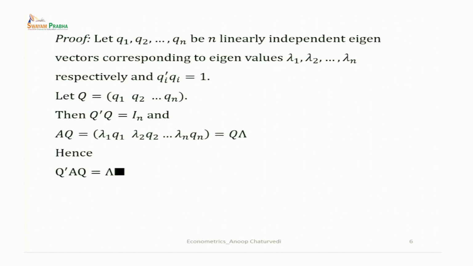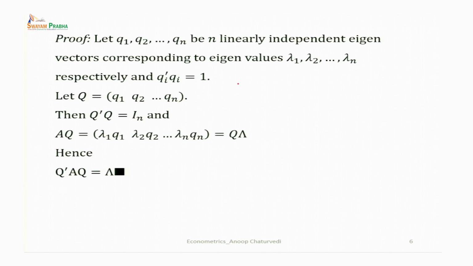To prove this result, suppose q_1, q_2, ..., q_n are n linearly independent eigenvectors corresponding to the eigenvalues lambda 1, lambda 2, ..., lambda n respectively. So, q_i transpose q_i is equal to 1. Then we can write Q equal to [q_1, q_2, ..., q_n], means the columns of Q are the eigenvectors q_1, q_2, ..., q_n.